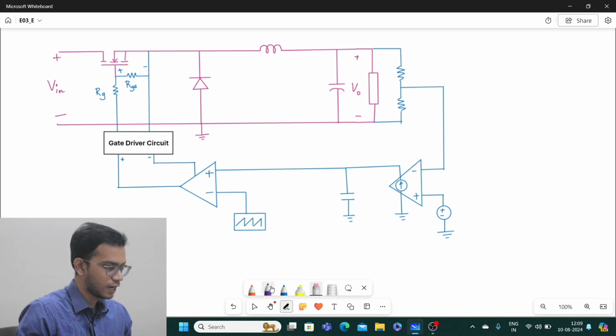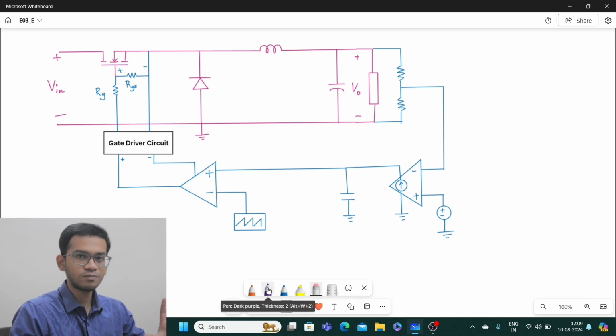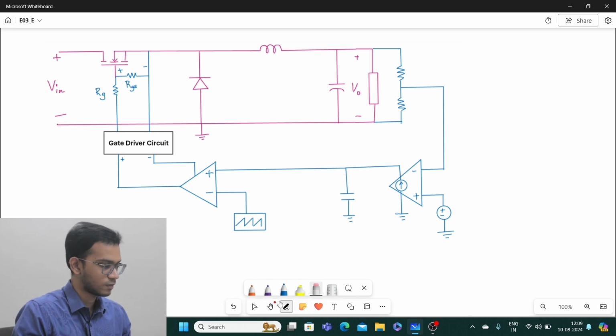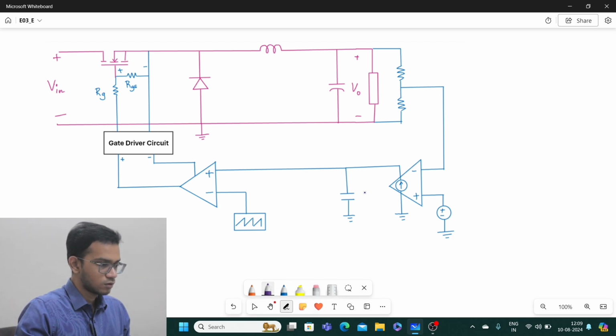Now, I have the circuit diagram of an analog domain controlled buck converter. To start with, we know that the input voltage here is nominally 24 volt and we should get an output voltage of 12 volt.